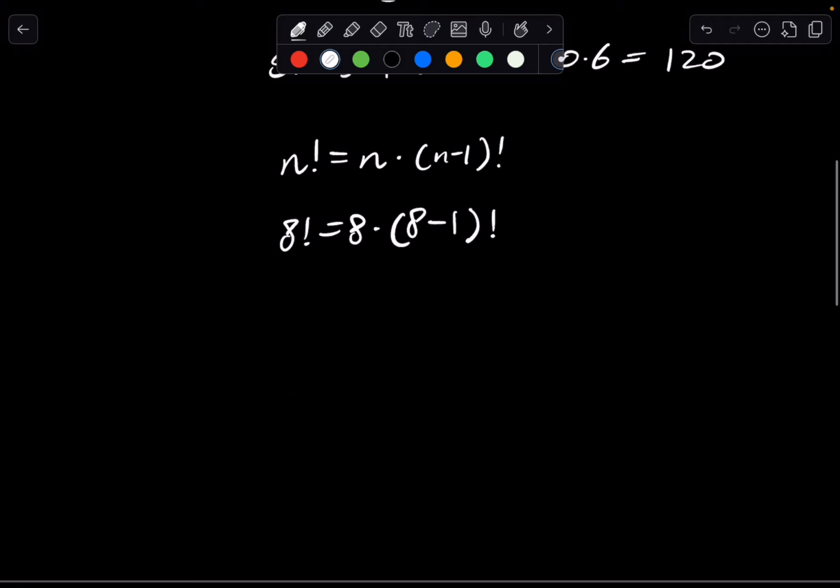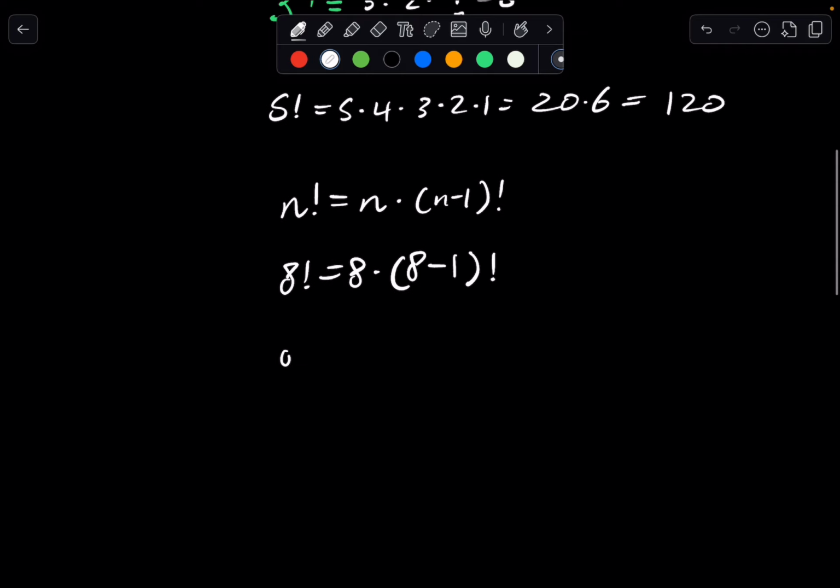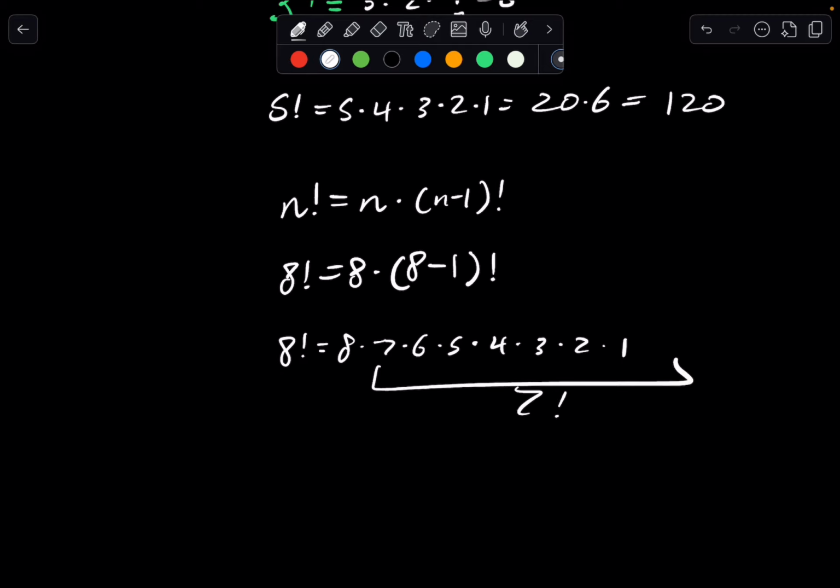And indeed it is, because of our earlier definition, 8 factorial is equal to 8 times 7 times 6 times 5 times 4 times 3 times 2 times 1. This is just 7 factorial in there. So we have 8 factorial is equal to 8 times 7 factorial, which is exactly what this says.